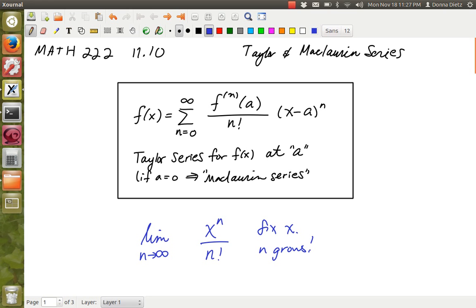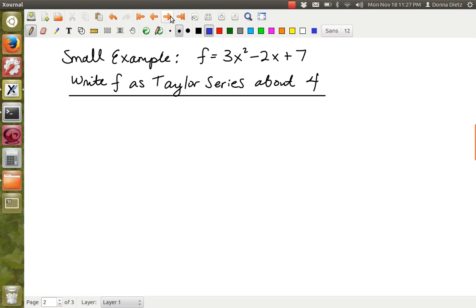But eventually when the x and the n are the same size, then it's going to kind of stabilize. And then eventually n's going to get bigger and bigger and bigger, and the whole thing's going to collapse into 0. So that's essentially what's going on. We'll talk about that more, but let's go on to a small example.